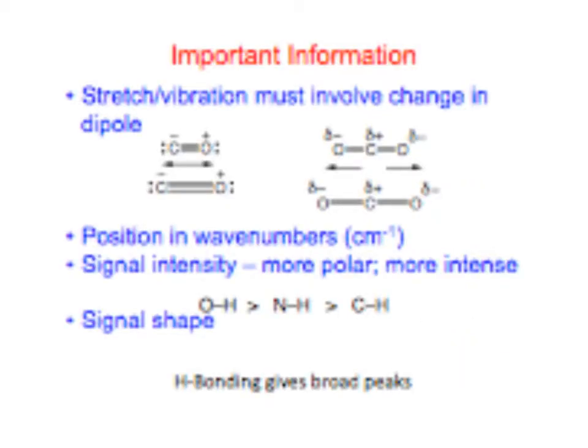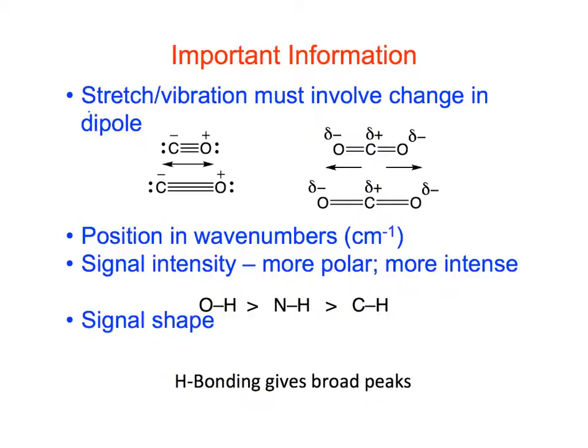Okay, one of the rules for IR is that to observe a stretch or a vibration, it must involve a change in the dipole. Okay? And the dipole depends upon a difference in polarity and a distance.